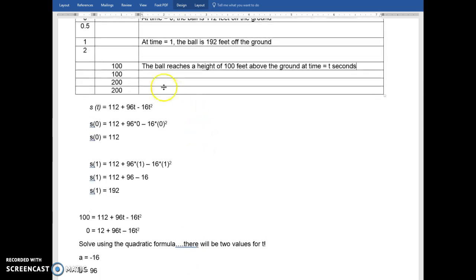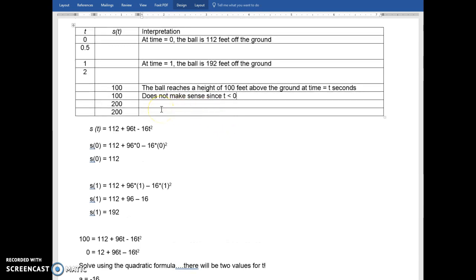And then for the other one you can just say, obviously this one does not make sense since t is less than 0. I think that would be sufficient for the interpretation given the height of the ball.